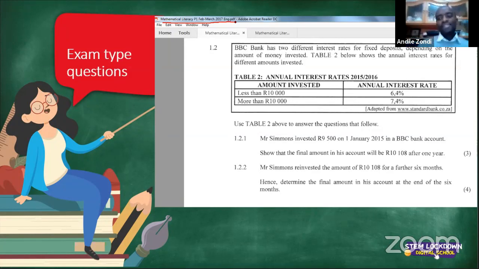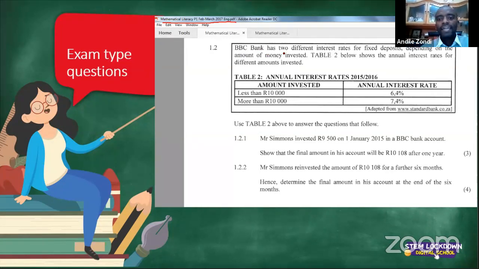Only the new topics are different topics that you'll meet next year. But simple and compound interest is exactly the same. So let's look at exam type of questions. I always encourage my learners to use past exam papers because you need to familiarize yourself with how questions are asked in exams. Okay, here's our example.